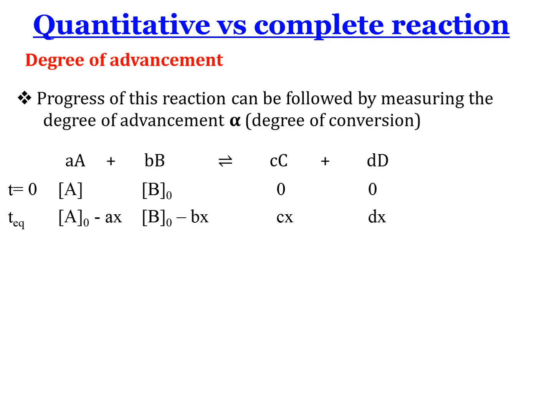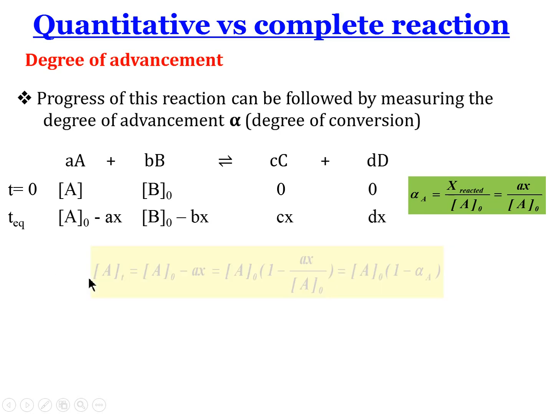So we have to determine on which alpha we want to work to know that our reaction is advanced. Suppose I want to work on the reactant A. Alpha A is equal to the quantity reacted divided by the initial, so it's equal to AX divided by A0.